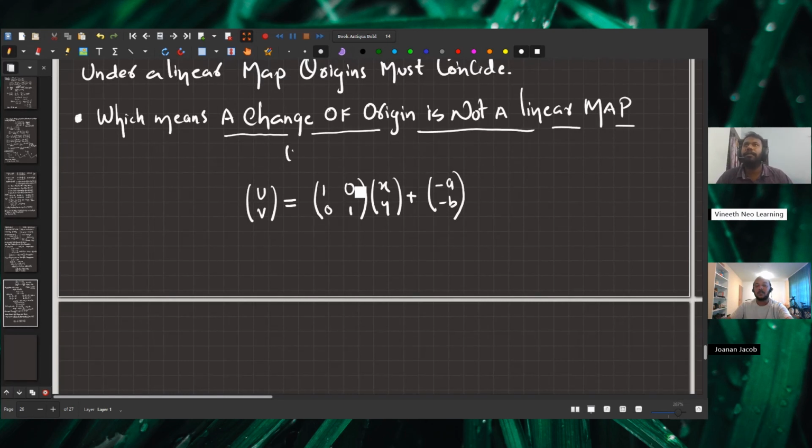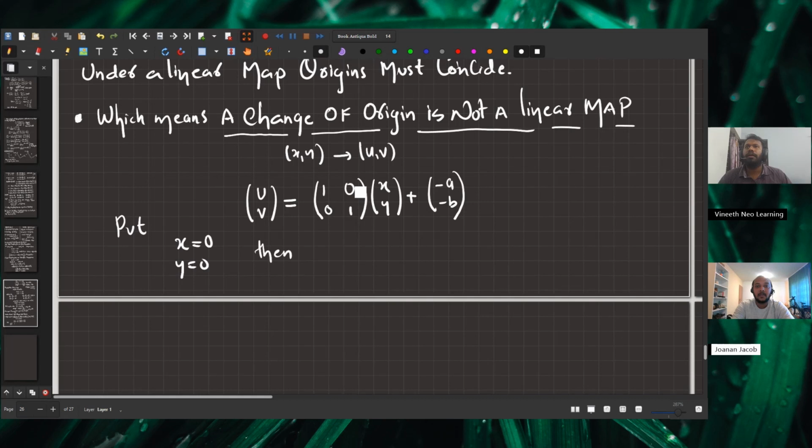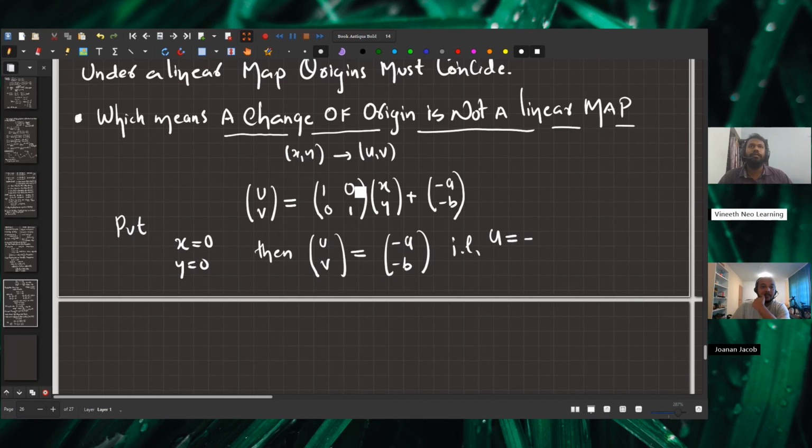This is a transformation from x comma y to u comma v. Let's put x equals 0 and y equals 0. Then u equals minus a and v equals minus b.